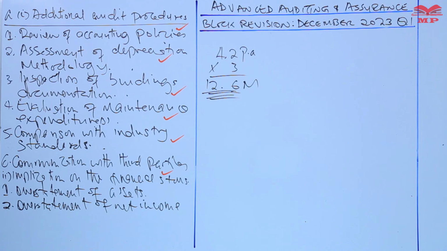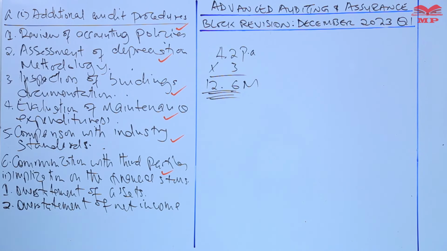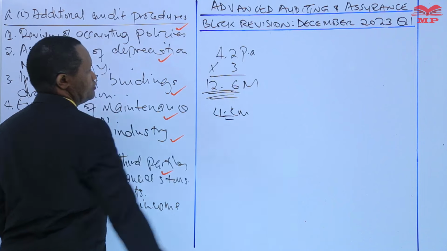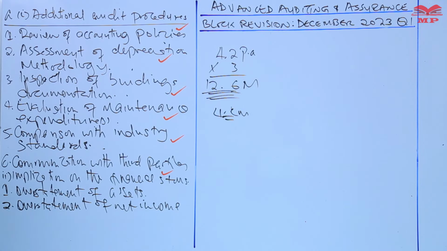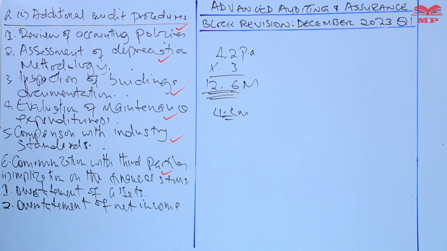In this scenario, the absence of the depreciation charge of 4.2 million would lead to the overstatement of net income, thereby distorting the profitability of the company. So, for example, if the company recorded a net profit for this year of, say, 30 million, that means net profit is overstated by 4.2 million. So that is the impact of not providing for depreciation on buildings.